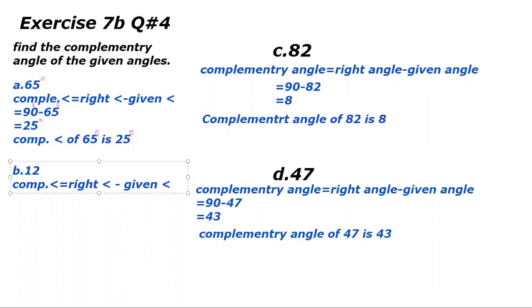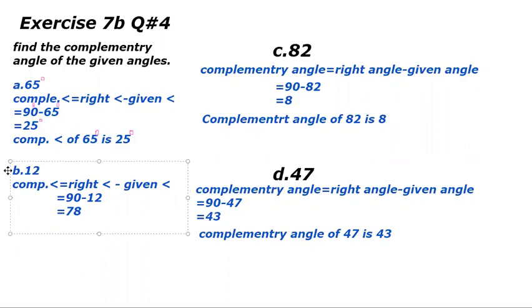That equals the right angle, 90 degrees, minus the given angle, 12 degrees, and 90 minus 12 gives us 78.